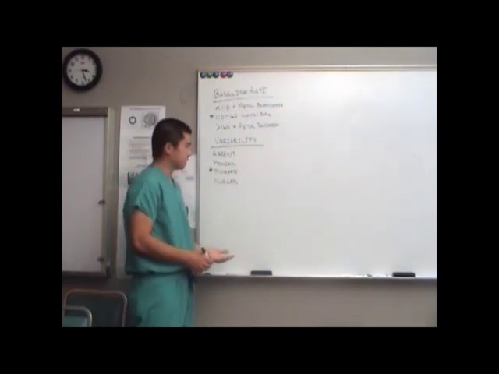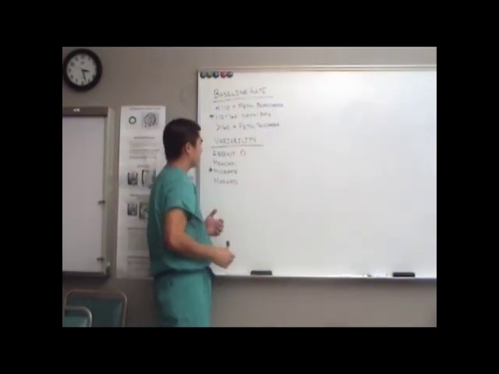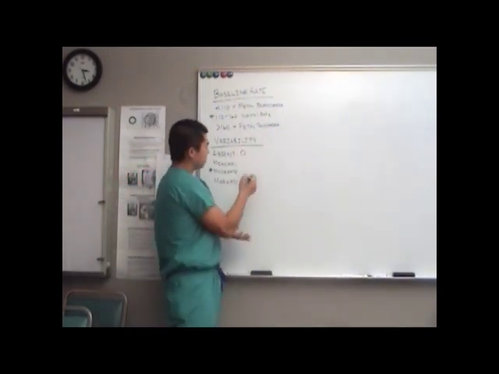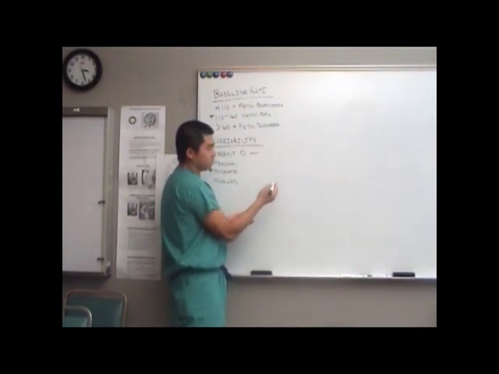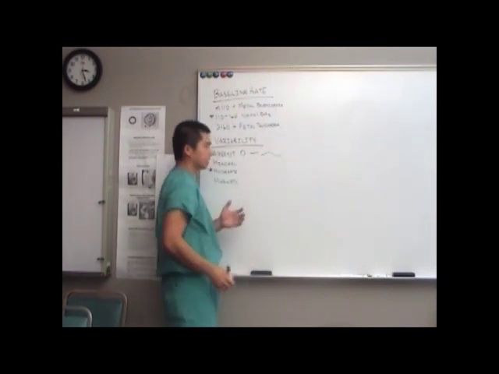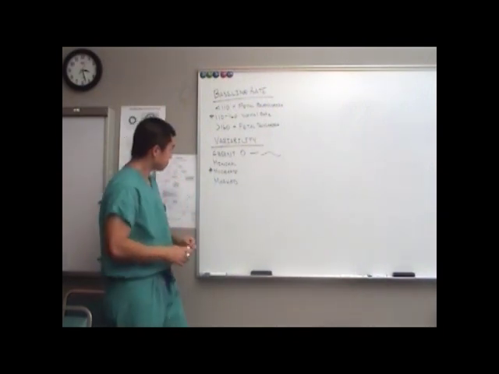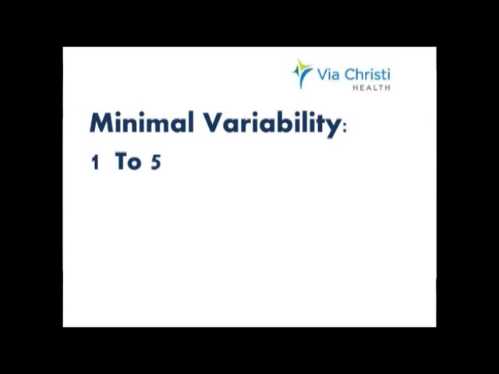So if it's absent, what's the variation? 0. And so what does that mean? It doesn't necessarily mean a flat line like this, although this is absent variability, but if you can trace it with a pencil tip, and even if it's curving up and down like this, I can keep my pencil tip on it, that's still absent variability. The next one is minimal. And what amplitude range is that?